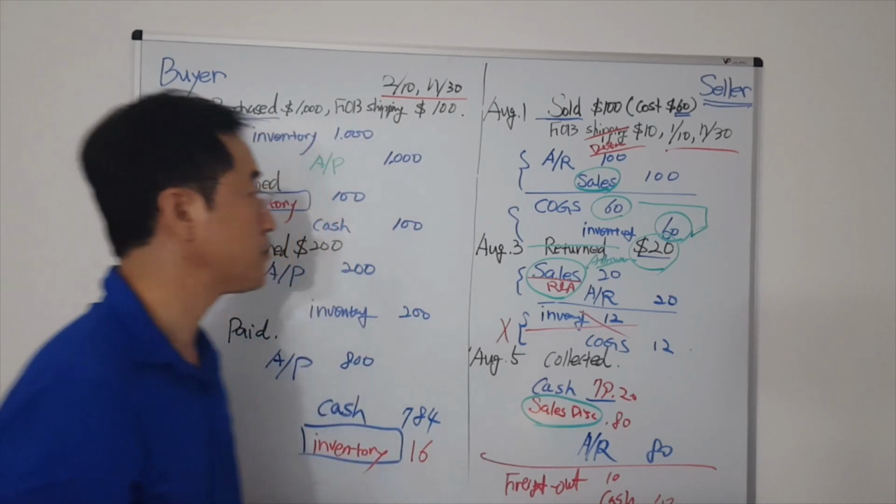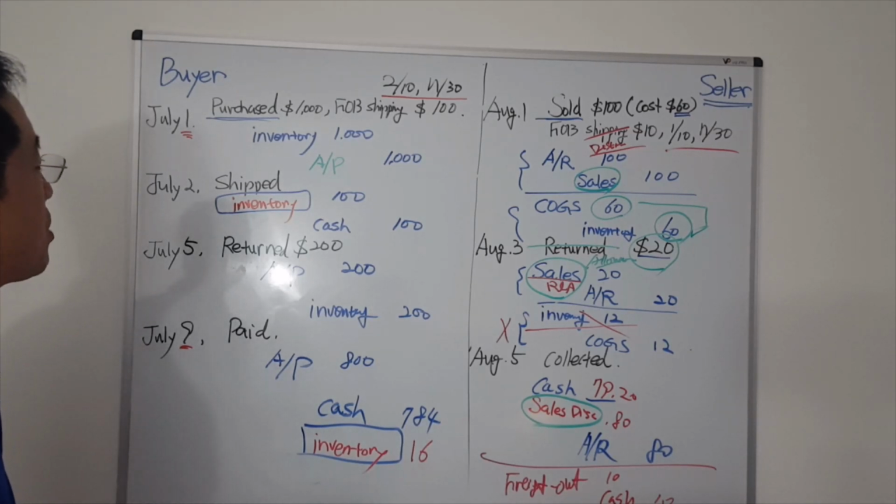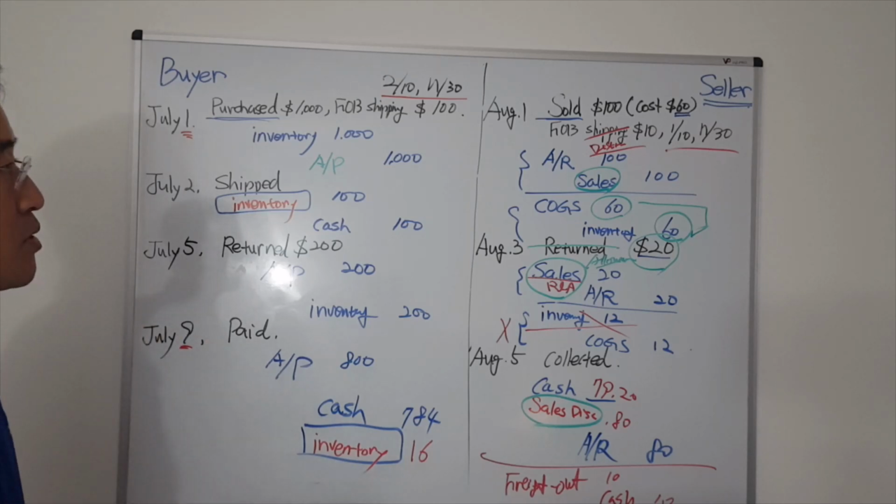Okay? That's pretty much the major concept for the perpetual inventory system, buyer's point of view, seller's point of view. Well, let's practice.